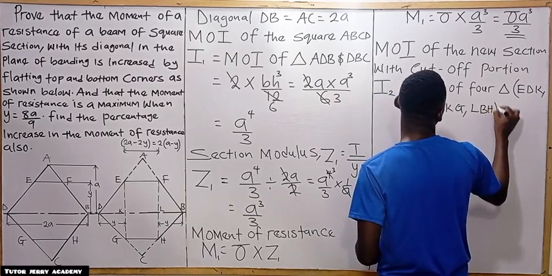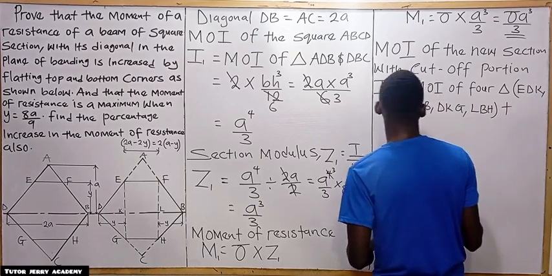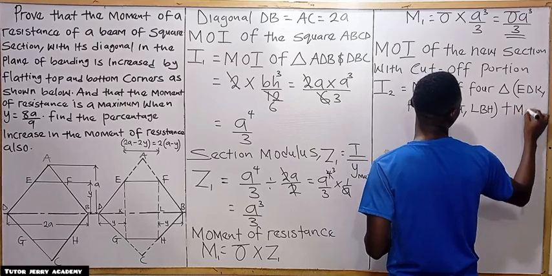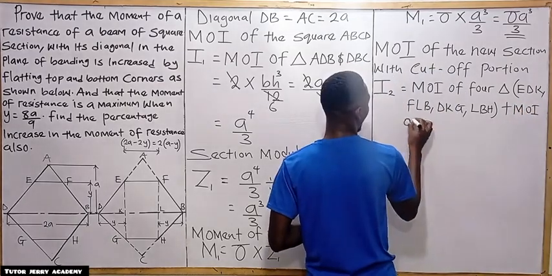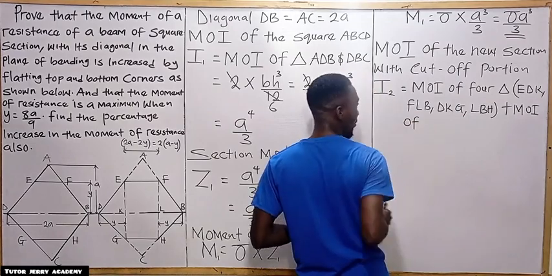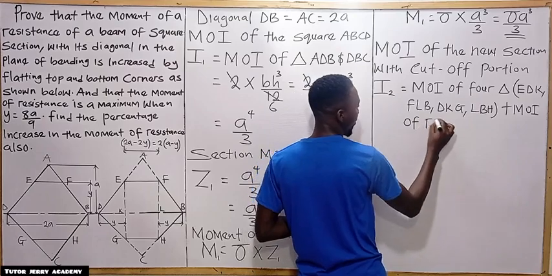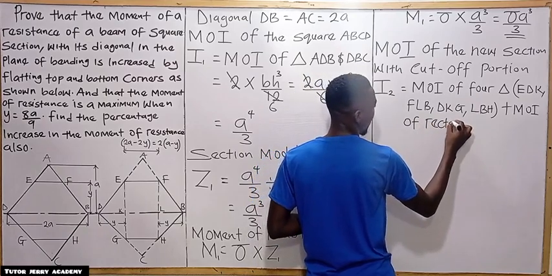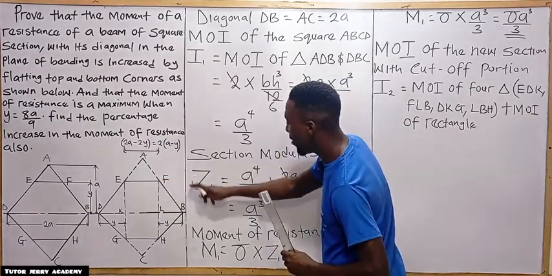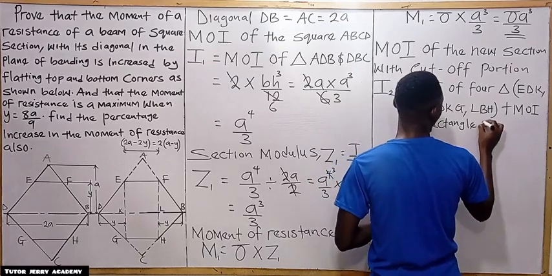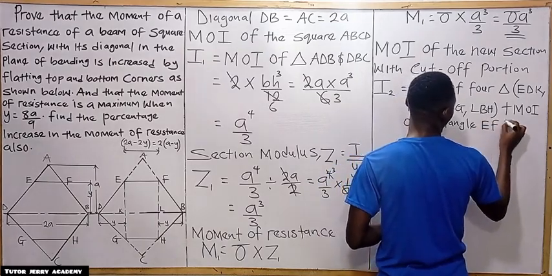So plus what? Plus the moment of inertia of the rectangle. The rectangle is EFGH.